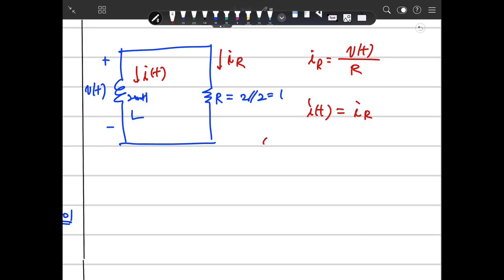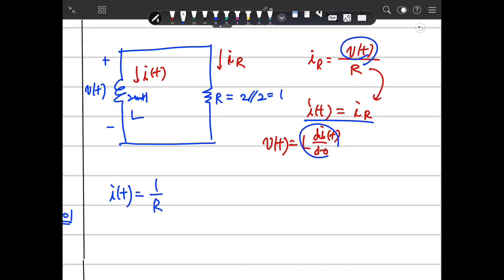Then v(t) is L di(t)/dt. So we'll use blue pens. Here, i(t) equals iR. iR is 1 over R v(t). v(t) is that value, L di(t)/dt.